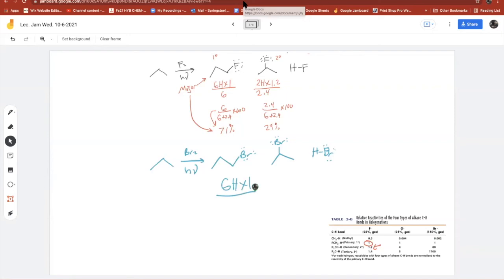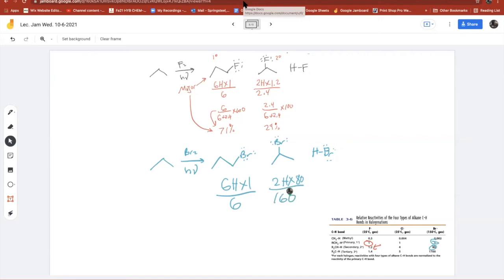So the bromine is going to make a ratio of 6 of these primary bromides. How many of the secondaries? How many hydrogens for the secondary? 2 hydrogens times a rate of 80, much faster, huh? For the secondary. That's primary, that's secondary. So we're going to multiply by 80. So we're going to get 160.